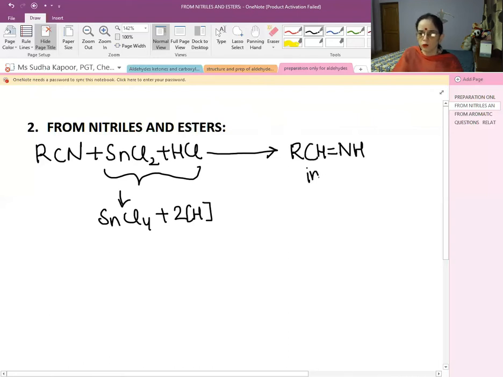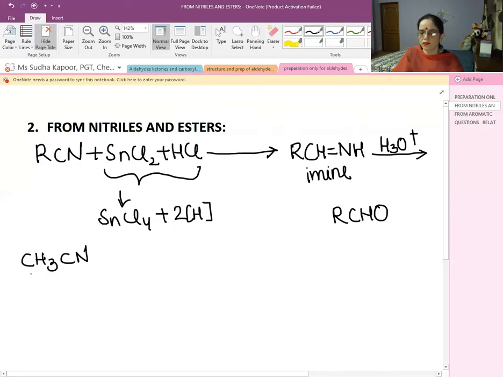These compounds are known as imines. Now, when the imine is treated and hydrolyzed in the acidic medium, that is H3O+, it gets converted into RCHO. So nitriles on reduction in the presence of SnCl2 and HCl give us imine, which on acidic hydrolysis gives us RCHO. The reaction can be given with an example also. It is ethane nitrile.